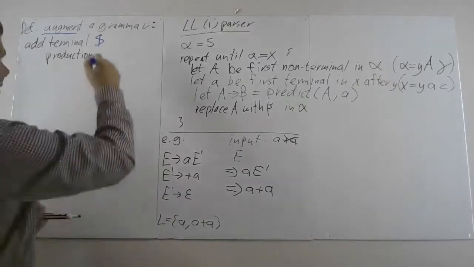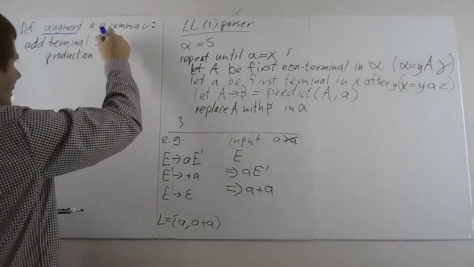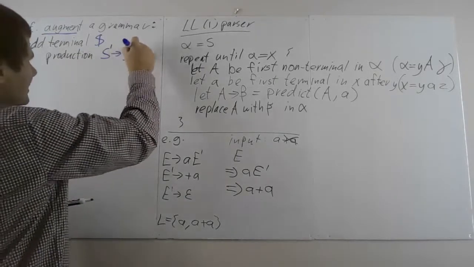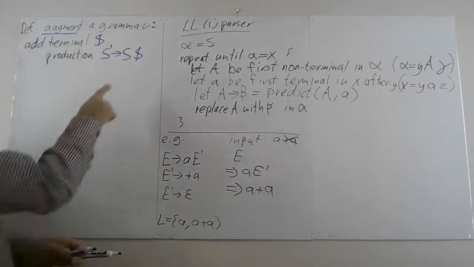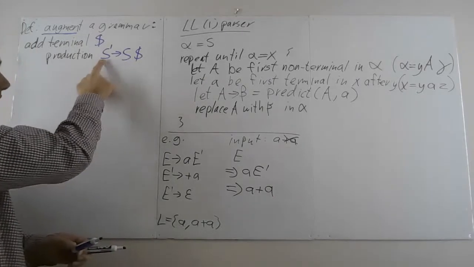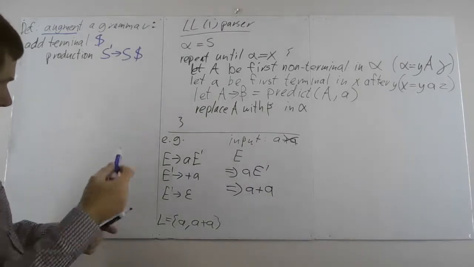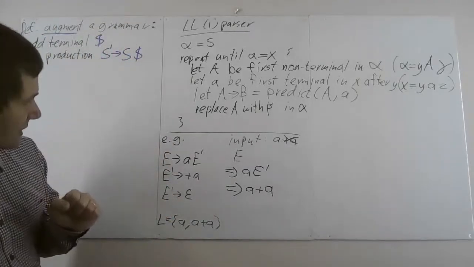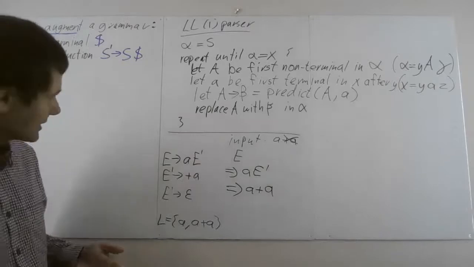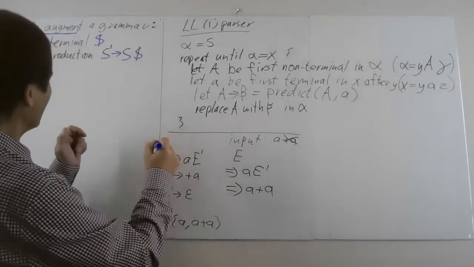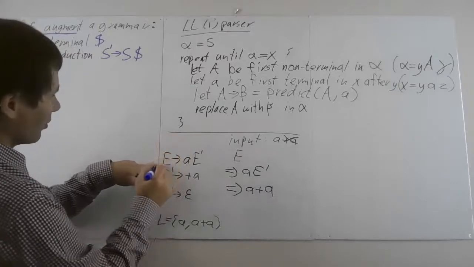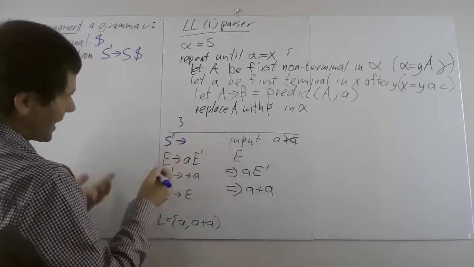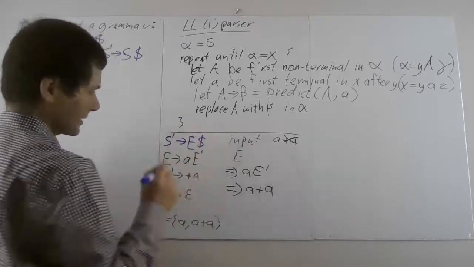In general, I'm going to say S prime goes to S $. Here S is the old start symbol, and S prime becomes the new start symbol. It's maybe easier to see on the example grammar that we have here. I need to add a new rule, and the old start symbol was E. So I'll call it S prime: S prime goes to E $.